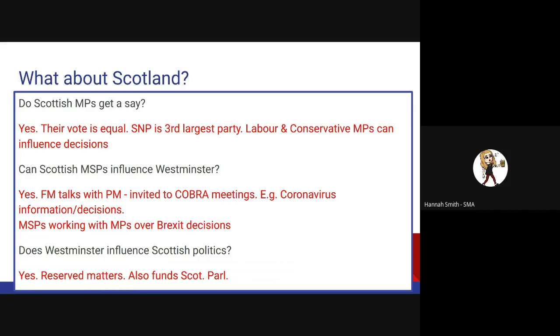These are Cabinet Office briefing room agendas, I think. Essentially, it's key meetings. So recently it's been to do with coronavirus. COBRA meetings are often called after terror attacks or even a terror attack in a nearby country that we're worried we might have a fallout from. And MSPs will work with MPs over Brexit decisions. There's discussion back and forth.